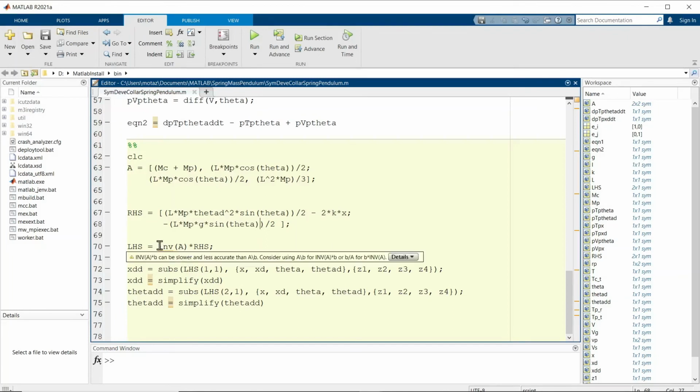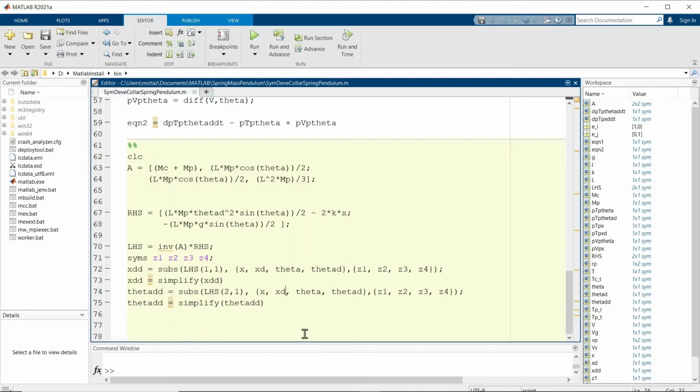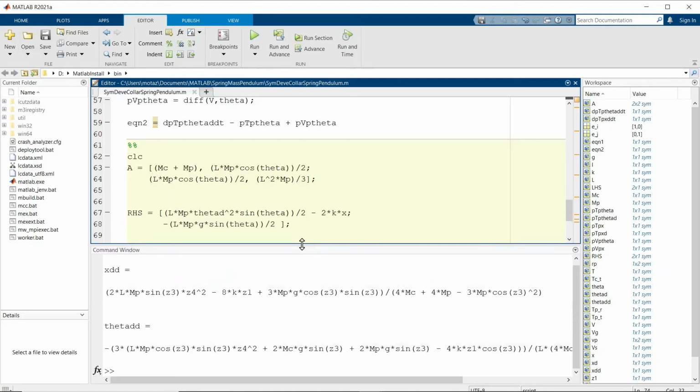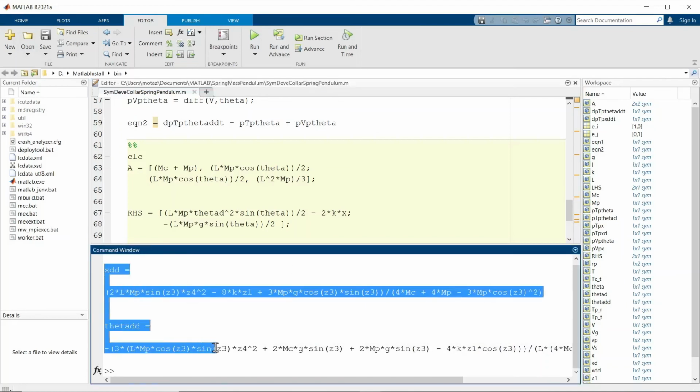And then we just take the inverse of A and multiply it with the right hand side to get the left hand side, where the first element of the left hand side is x double dot and the second one is theta double dot. And these are now your Lagrangian equations of motion solved for the second order derivative of the generalized coordinates x and theta.